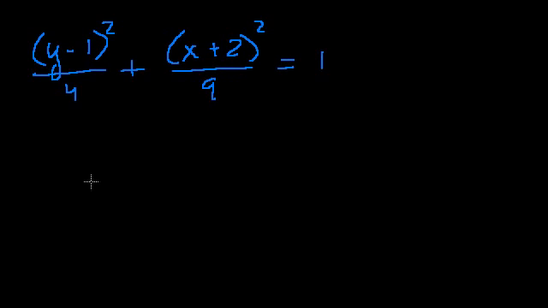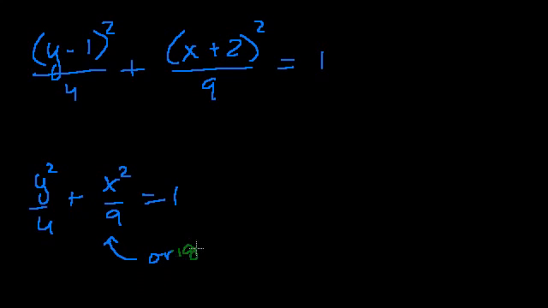The first thing you could say is, okay, this is just like the standard ellipse, y squared over 4 plus x squared over 9 is equal to 1. It's just shifted over, right? This one's origin is 0, 0, while this one's origin would be the point x is minus 2 and y is 1.